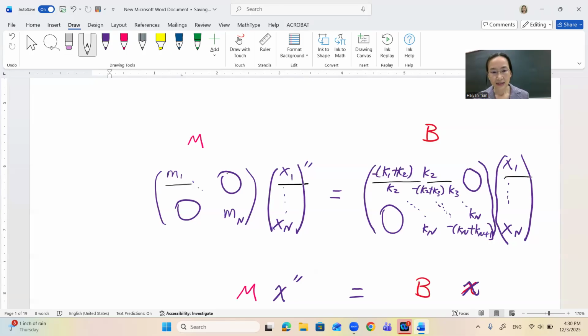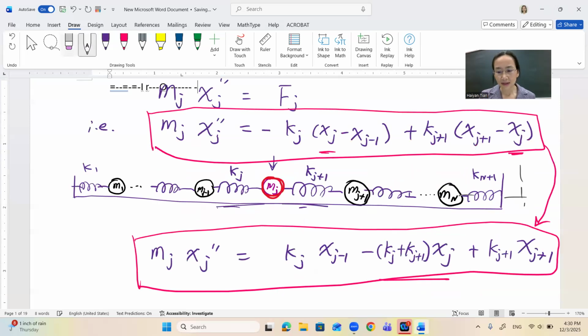And then the second equation is m2 times x2 second derivative equals three terms. So we can see that n bodies will result in n equations.